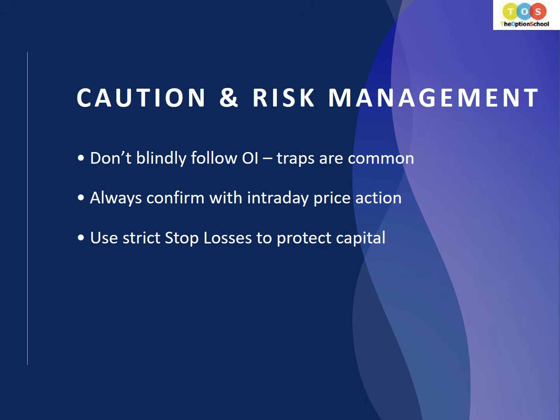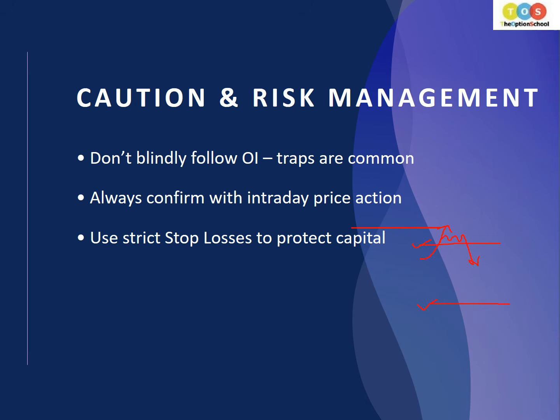Now, what are the cautions for this data? One must not just follow this, that is one thing. The other thing is that the data is made after the price has moved. So it might happen that you see this is the maximum call OI strike, this is the maximum put OI, the market goes up from here, and you might think the market has now given a breakout, but the market might hover here and give a false breakout.